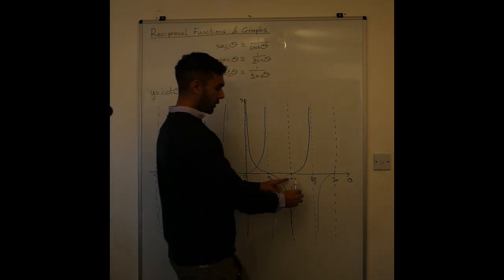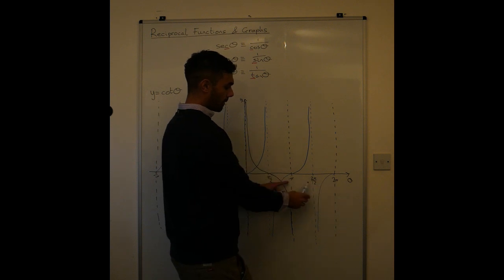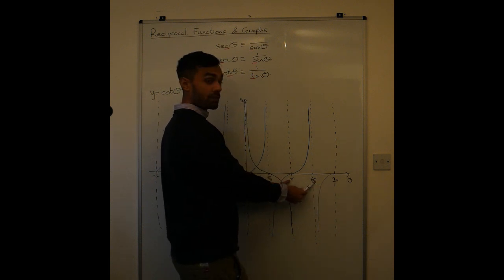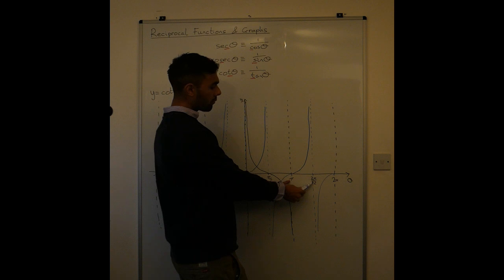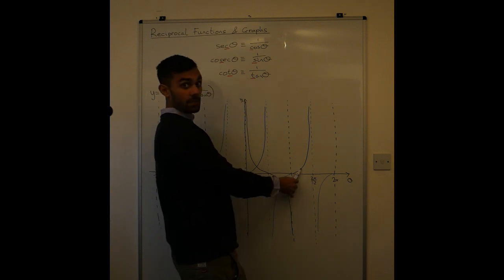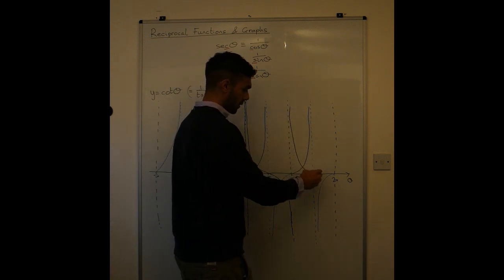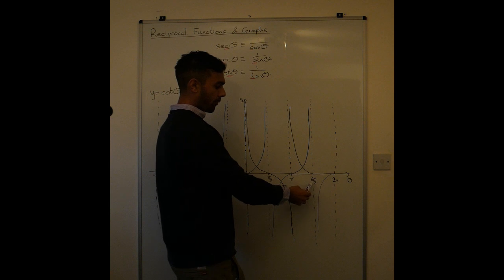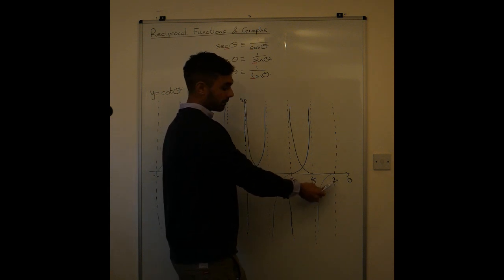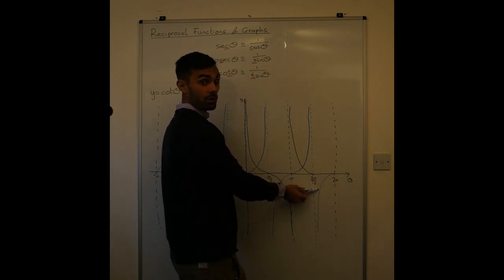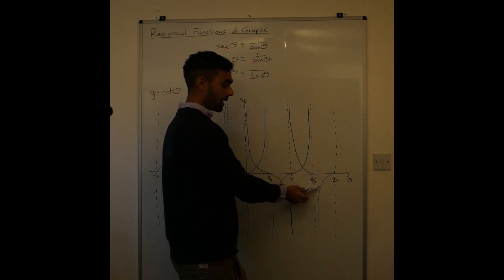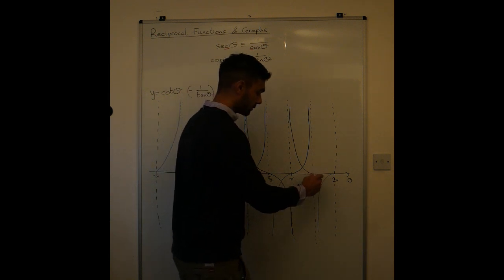Alright, so let's sketch from pi to 3 pi over 2. Alright, tan is positive, which means cot will be positive. There we go. And then from 3 pi over 2 to 2 pi, tan is negative, which means cot will be negative. And again, we mirror the curve.